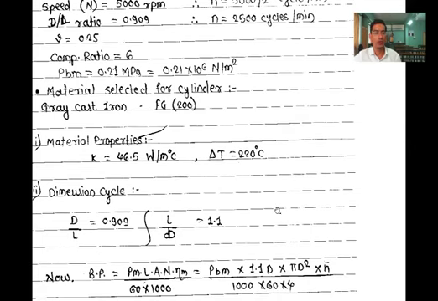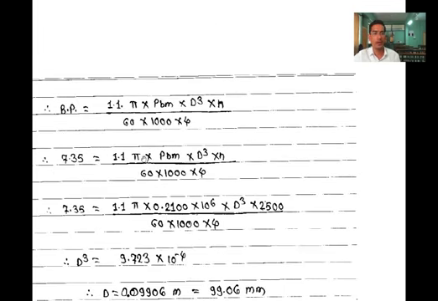Next, the brake power is equal to P M L A N eta m upon 60 into 1000. This is the formula to calculate the brake power. Putting in all the values, that is stroke length, area, speed and efficiency, we will get the brake power finally.